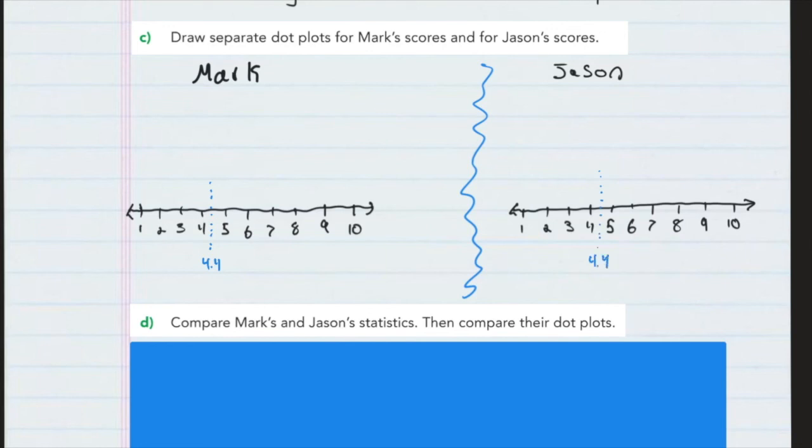And now for the dot plots, we're just putting a dot on the scores. So for Mark, he had a 2, and then he had a 3, and I'm just looking at his scores here. So 8, 5, and remember, we want to keep things level. Everything that has one dot is the same height above that dot plot there.